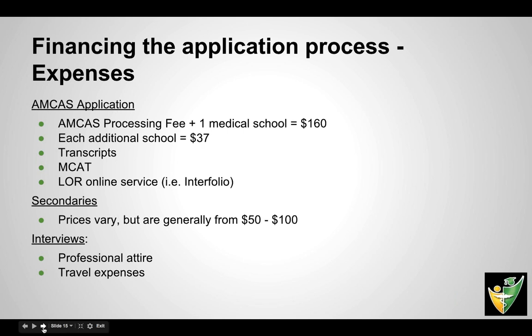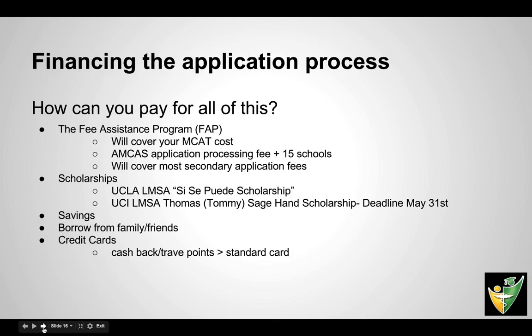Okay. So, lastly, one of the least favorite subjects of the application process is the expenses. These are just numbers to keep in mind, especially if you're going to be applying to a large number of schools, because the quantities can add up fast, and you have to plan ahead for these expenses. The portfolio for me was $20.